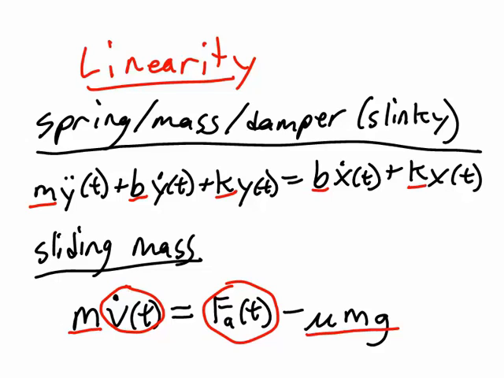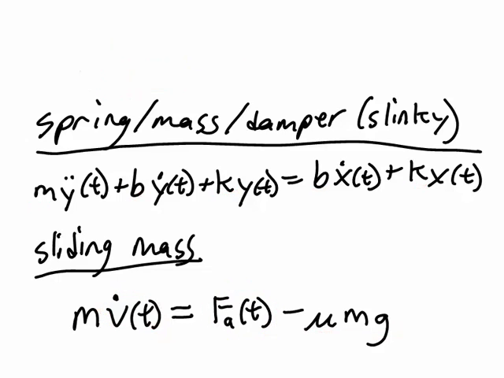Finally, there is a third characteristic of the system that we want to notice about these equations. Notice that the variable t, which represents time, only appears in the functions of the input and the output. This is true in both of the equations. Time never appears as a variable by itself. This tells us that the systems both have the characteristic of being time invariant.